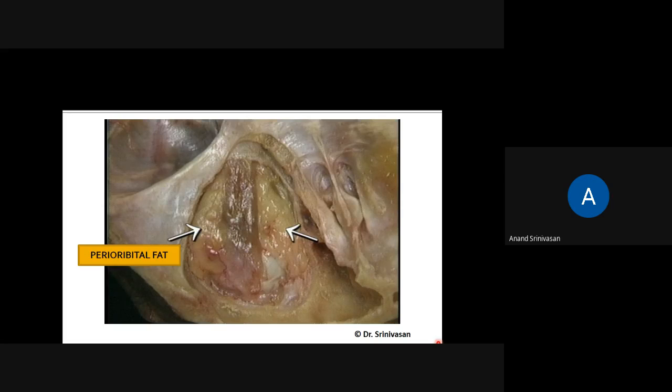It looks as if their eyes have gone inside, because the water content is less in the periorbital fat. The periorbital fat helps in keeping the eyeball in the normal position.